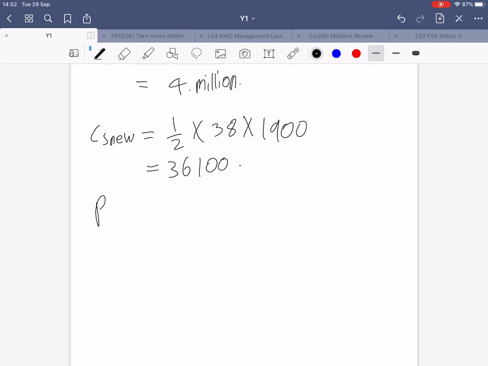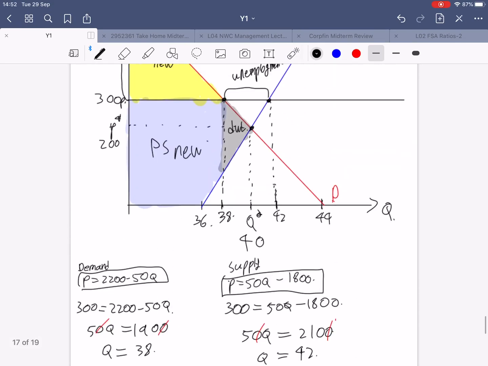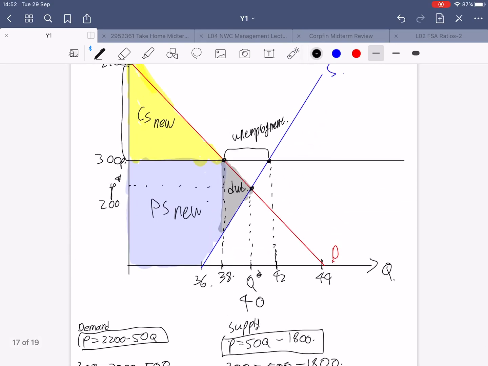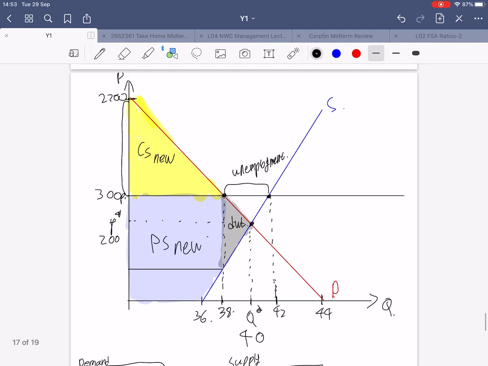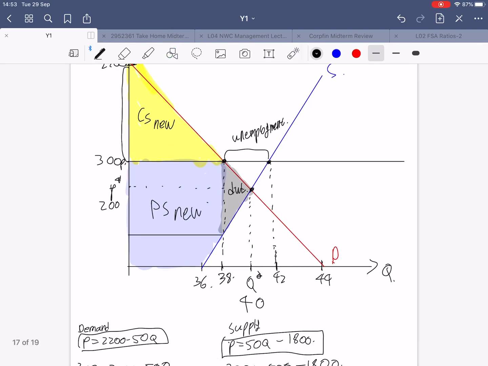And for the PS new, I'm going to divide it into two sections here, so we can find it more comfortably.